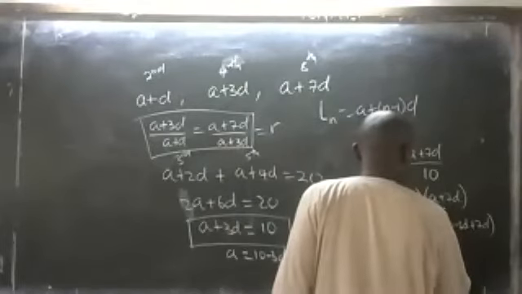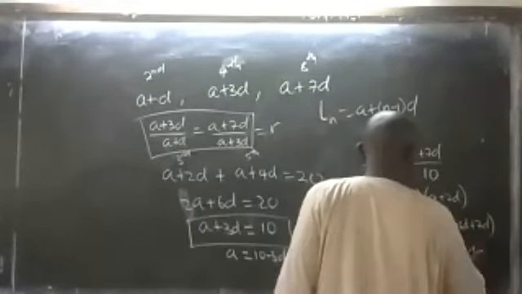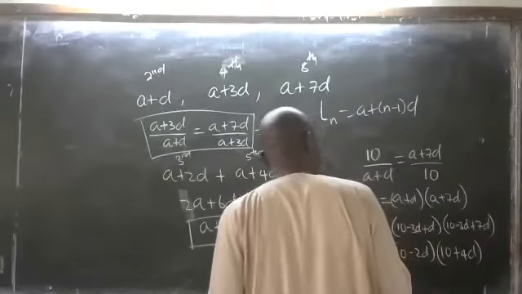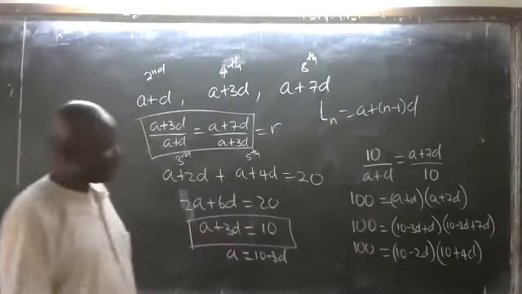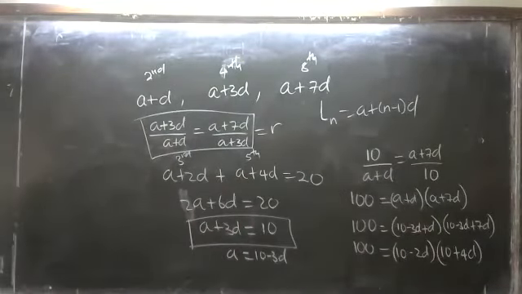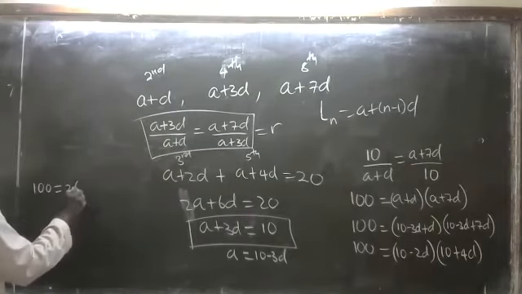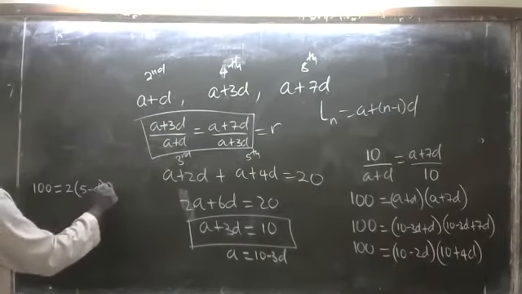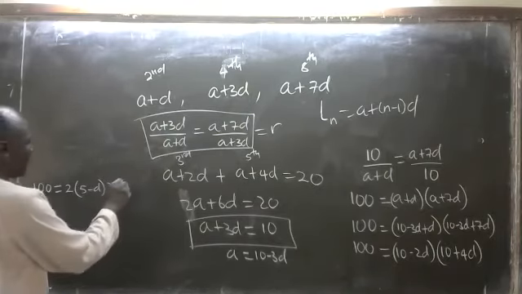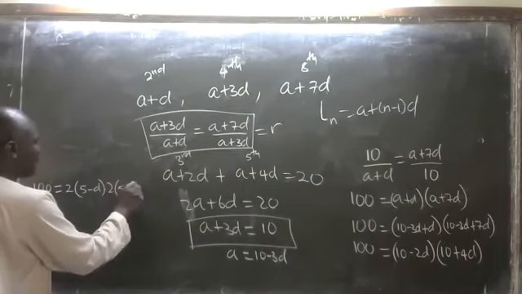So then you can even pull out 2, have 100 is equal to 2 times 5 minus D, and also here 2 times 5 plus 2D.